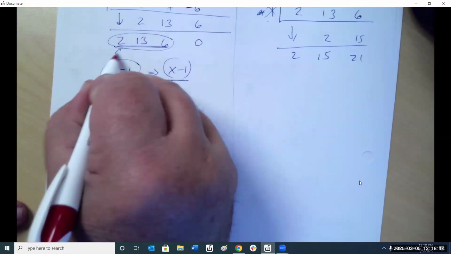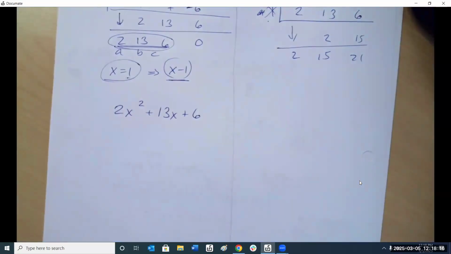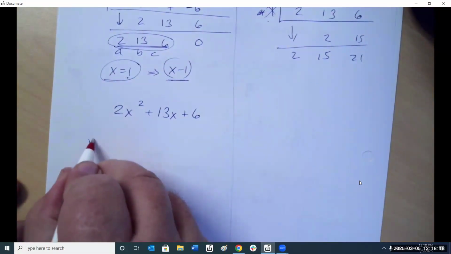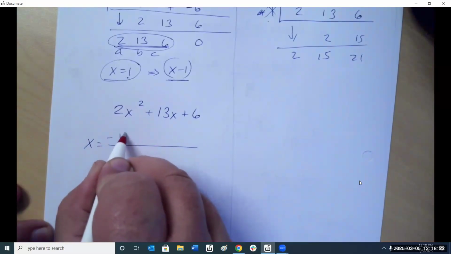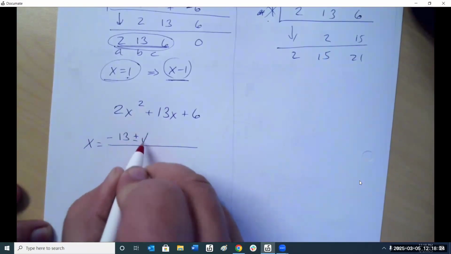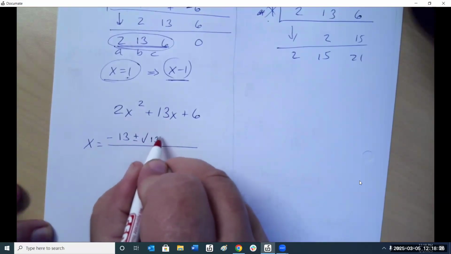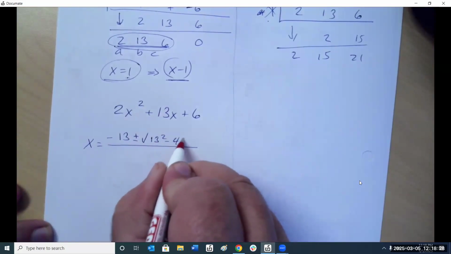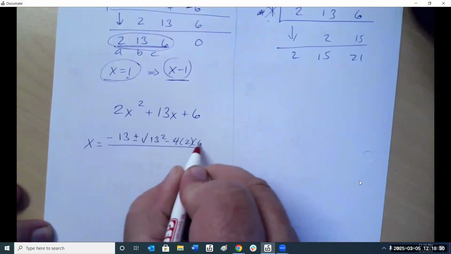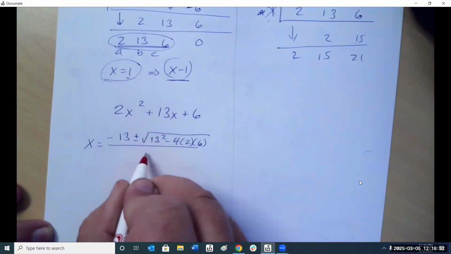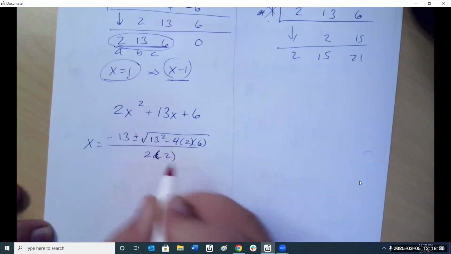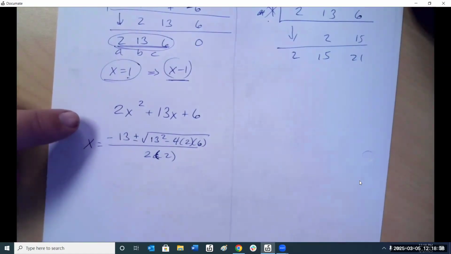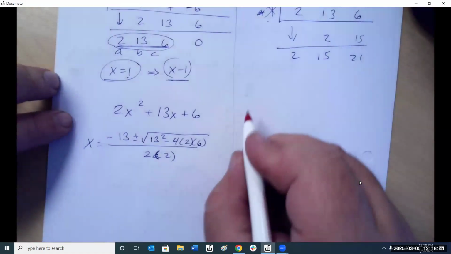And this tells you A, B, C. So it's -13 plus or minus the square root of 13 squared minus 4 times 2 times 6. No regular factor, 12 and 1. Well, let's see.